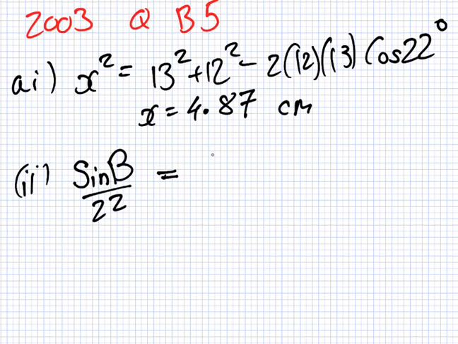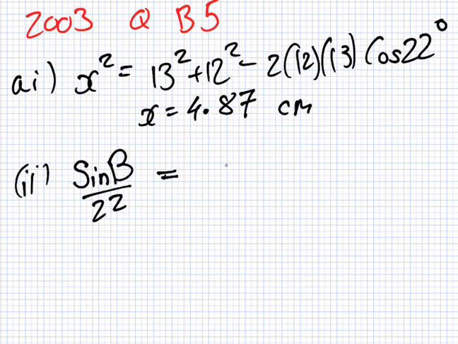I'm double checking my calculator here. 13 squared plus 12 squared minus twice 12, 13 cos 22, all rooted. Okay, so for the second part we need the sine rule.